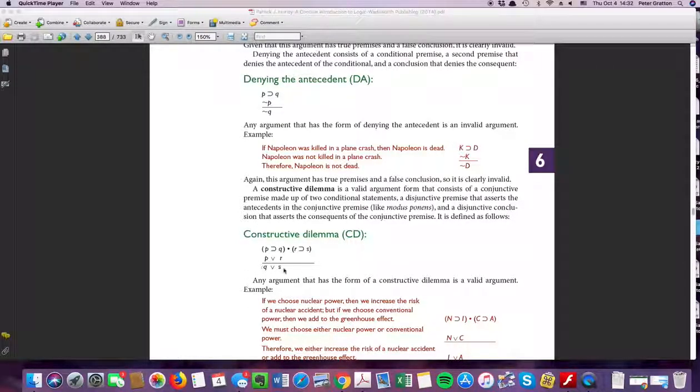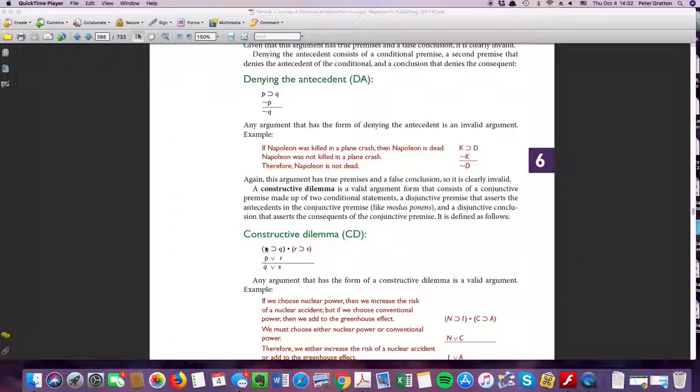Or in the case of the exams, since they're going to be open book, for the most part, be able to turn to this and recognize that this is a valid argument form. Right? So if P then Q, and if R then S, and we know that these are both true, because this is the true premise. If this is the true premise, then we know that Q or S is true.